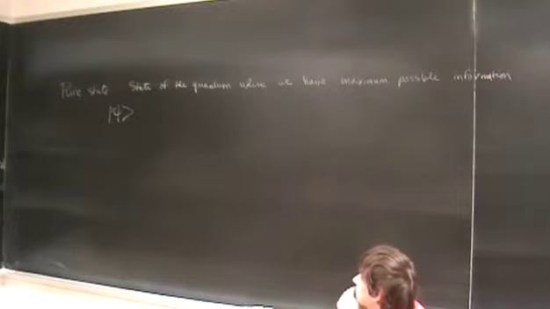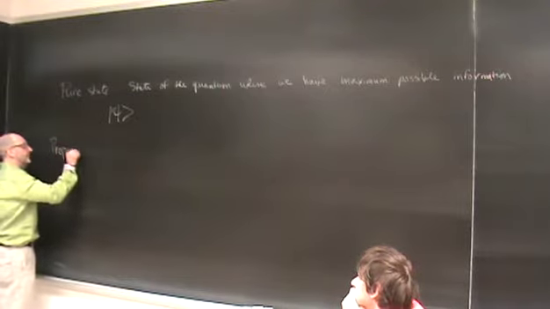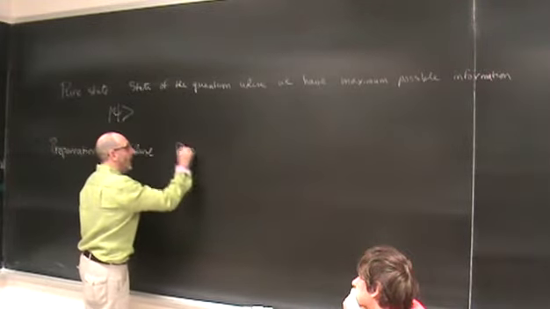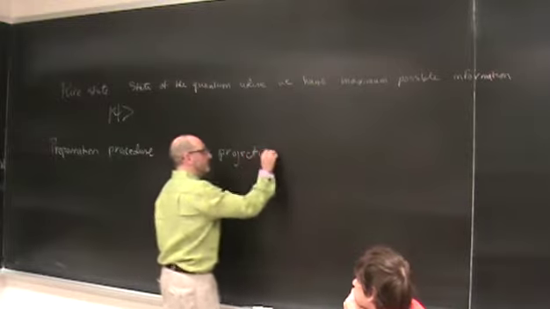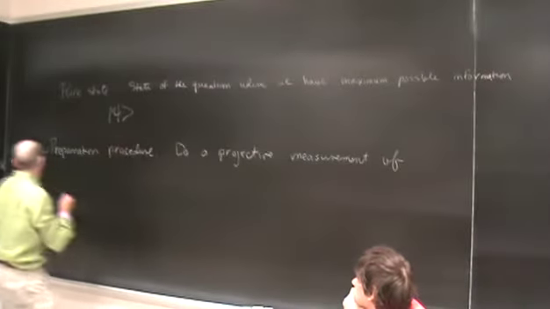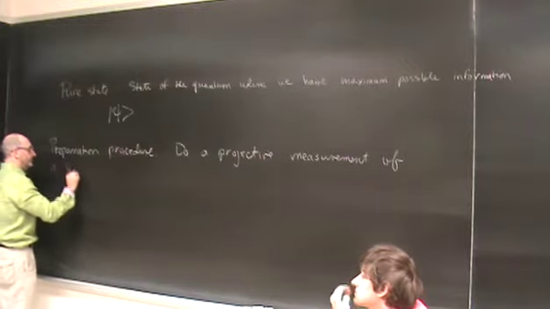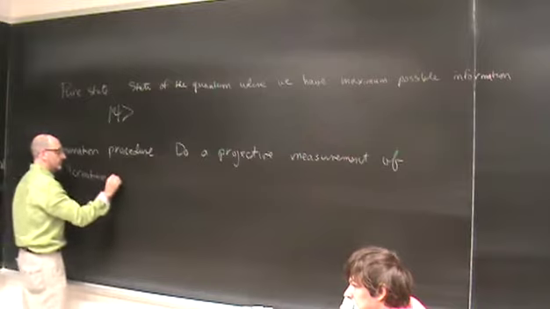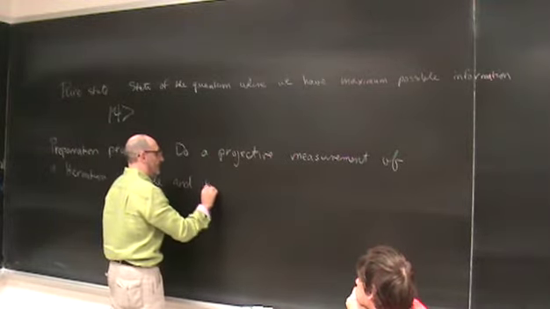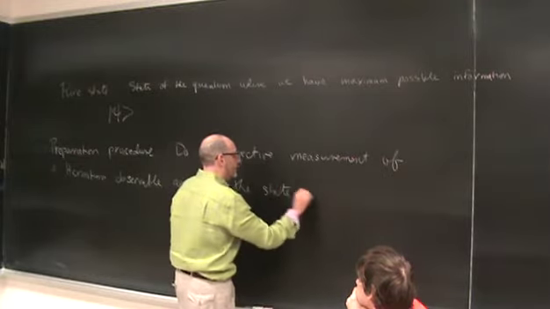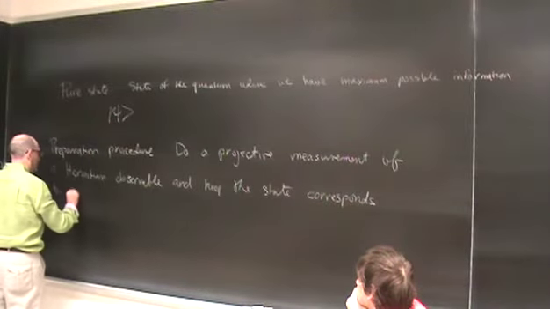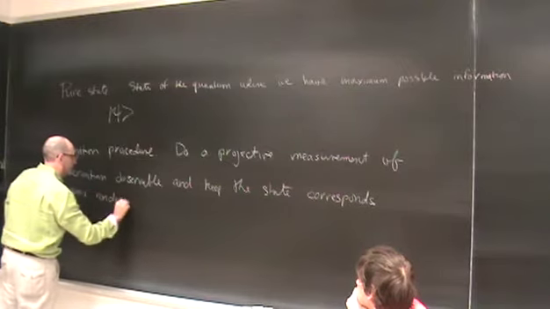So a preparation procedure: do a projective measurement of a Hermitian observable and keep the state corresponding to some non-degenerate eigenvalue.